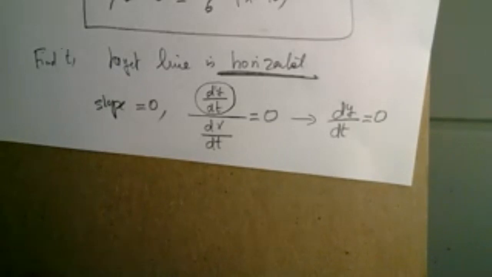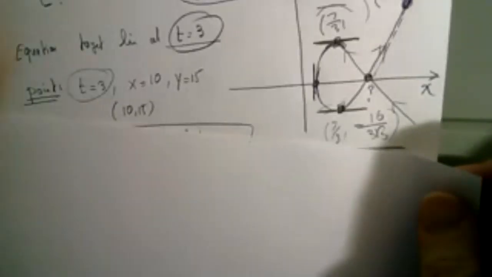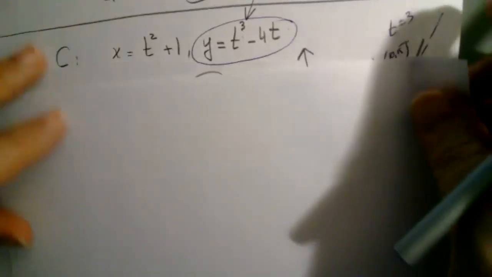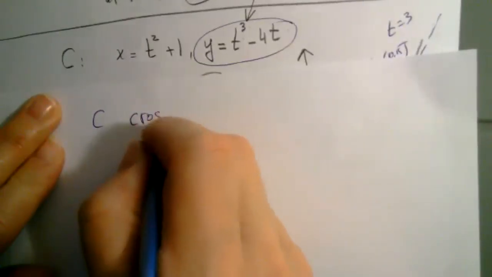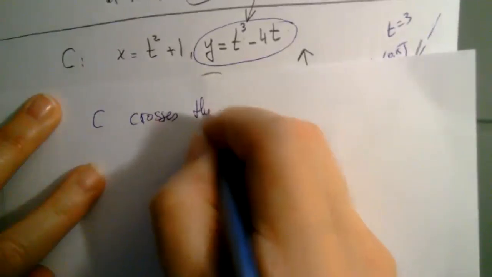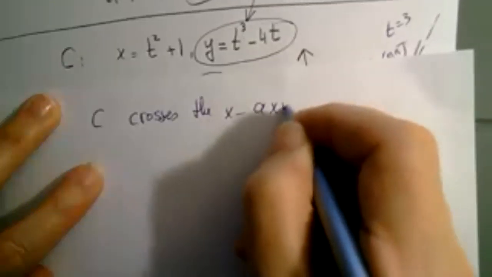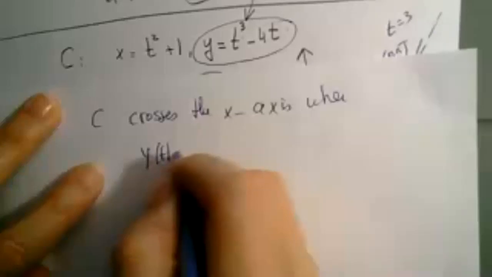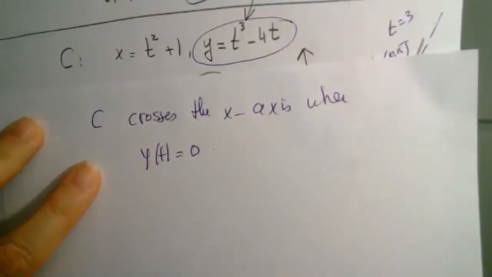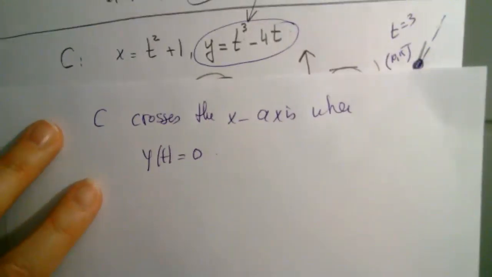Let's go to the graph right here. So graph C crosses the x-axis when y of t equals 0. That's when it happens, so now the problem becomes simple.